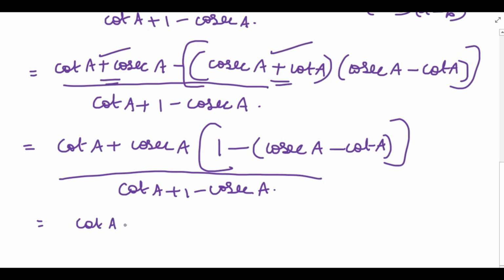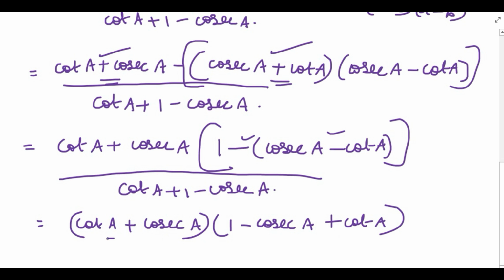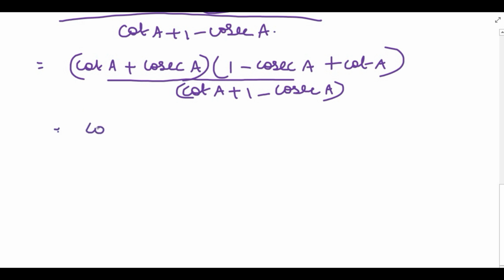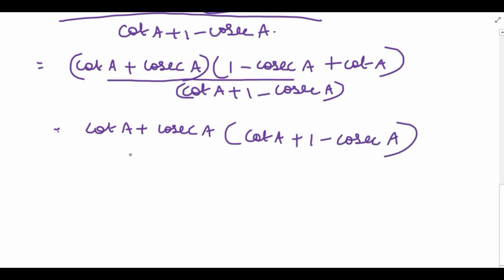Now cot A plus cosec A, I am going to open this bracket: 1 minus cosec A, minus into minus plus cot A, divided by cot A plus 1 minus cosec A. So which is equal to cot A plus cosec A, and this I can write as cot A plus 1 minus cosec A. I have just rearranged their order.